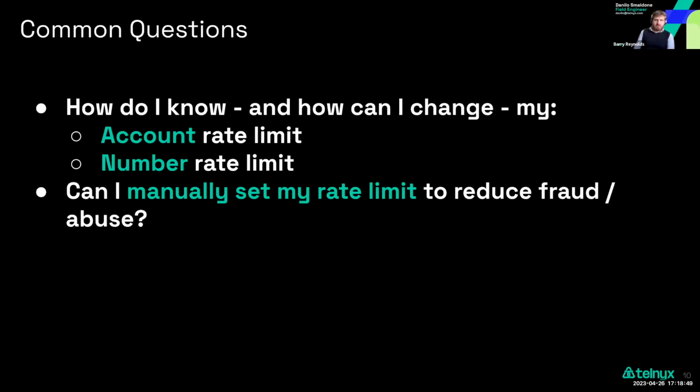Of course, all of this information is available on our mission control portal. If you go there in the dedicated section, messaging and programmable messaging, you will see that by default, your account rate limit, which means whatever is under your account, is limited to 3,000 messages per minute.